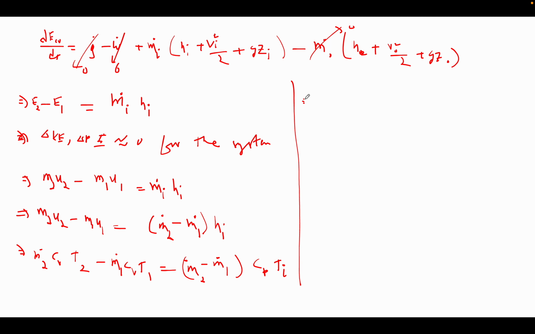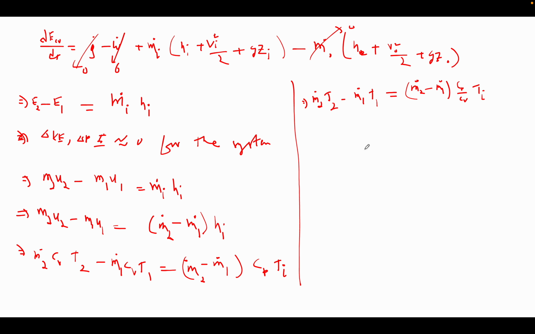Now from here I can write m2 T2 minus m1 T1 equal to (m2 minus m1) times (c_p by c_v) times T_i.